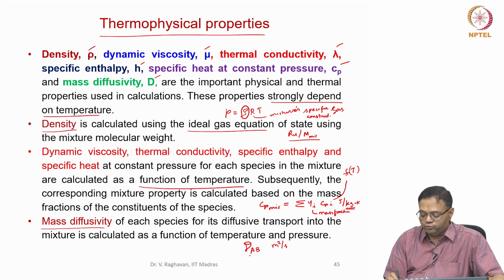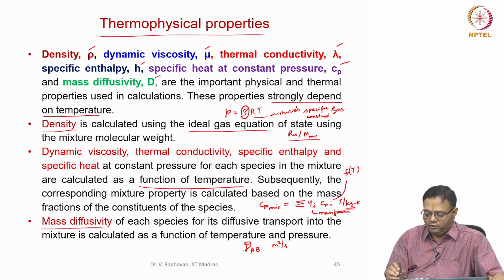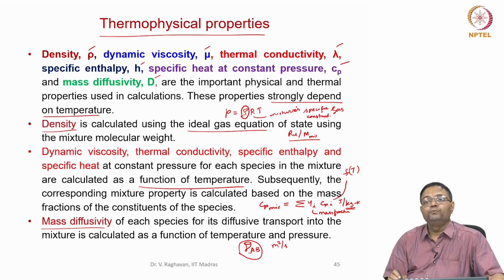It shows how fast the component A can diffuse into component B. Basically, at the same rate, component B also will diffuse into component A. So, here a kinetic theory basis is available to calculate individual pairs of mass diffusivity, taking any two components together, and this is evaluated as a function of both temperature and pressure.